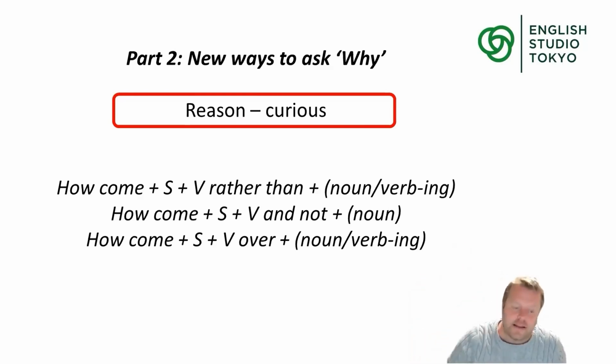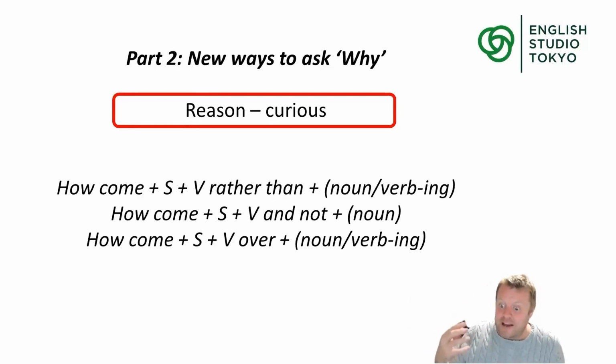You don't need these. How come uses a totally different setup. How come does not need an auxiliary verb. How come you chose? How come you did this? How come you arrived? How come plus the subject?